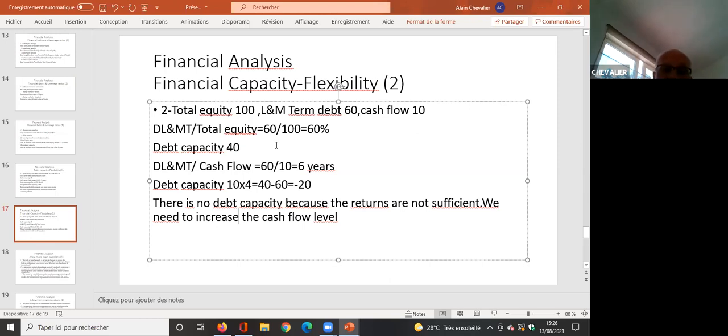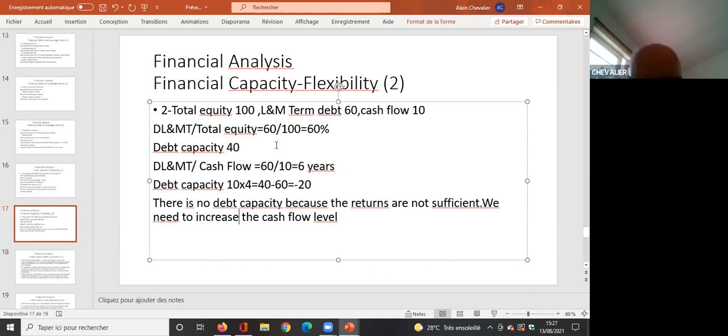So we have a debt level today such that the debt capacity is negative. We have obtained through negotiation, perhaps with a banker we know very well, a credit above the limits. So it is clear there is no possibility to obtain new bonds.